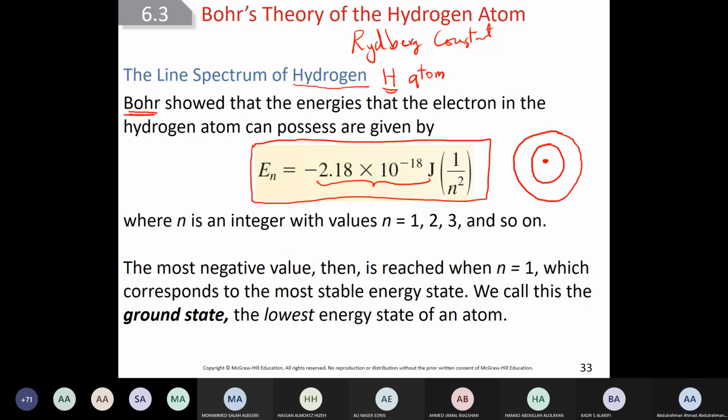Circles. Okay. Each circle has energy. What's the energy of each circle? It's this energy. And he called the first one n equal to what? Integer number. And where is the electron?